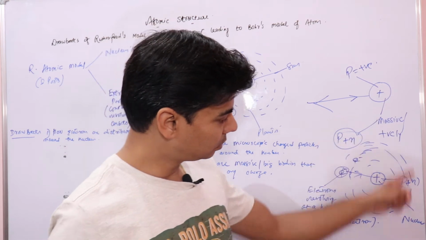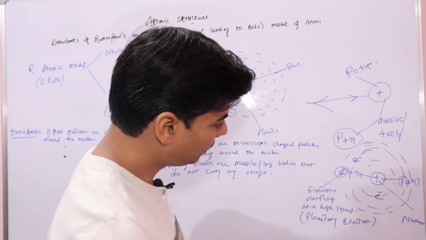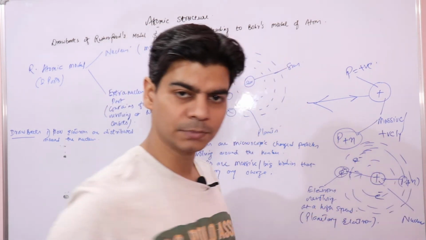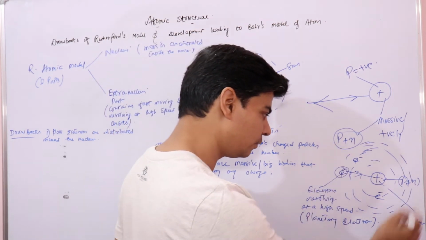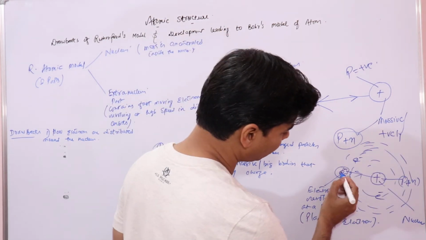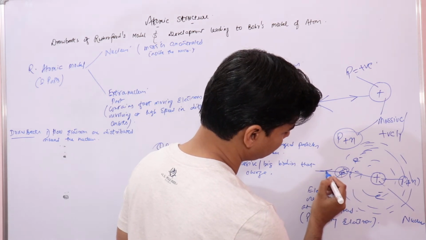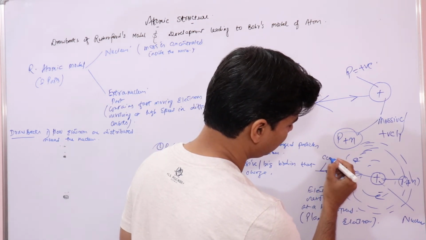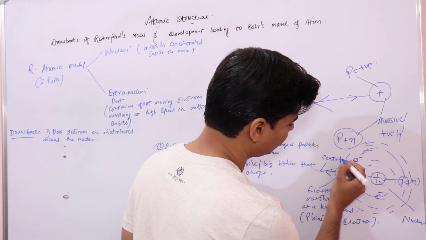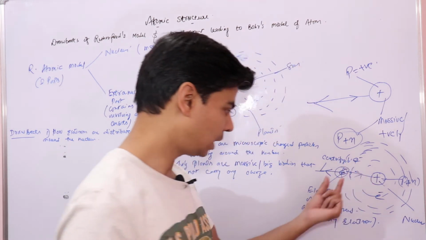So what Rutherford said is that when these electrons are revolving around the nucleus, they are acted upon by an equal and opposite centrifugal force, right? This is the centrifugal force that acts outwards.